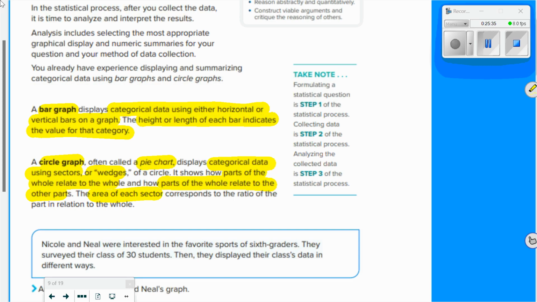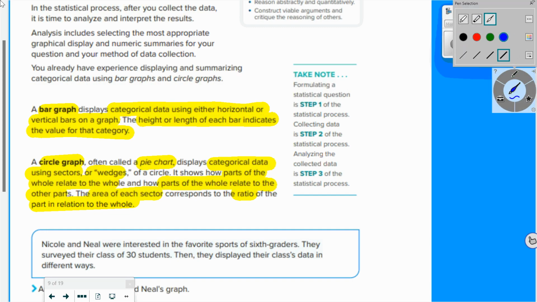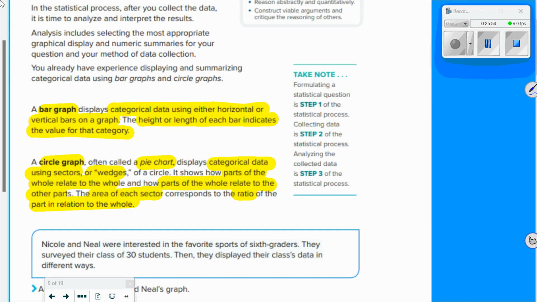So the area of each sector corresponds to the ratio of the part in relation to the whole. So your pie chart is based on ratio. A bar graph is literally just this is how much data there is. So you can see it laid out a little more clearly in a bar graph than in a pie chart.